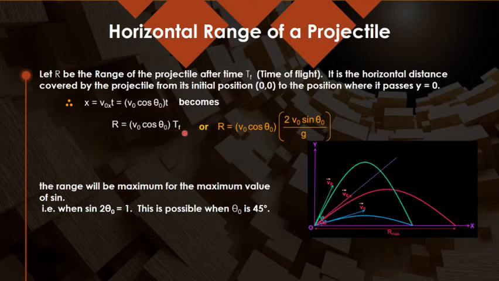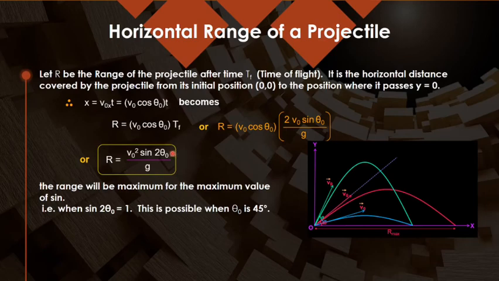Because we have calculated the total time of flight, you can put the value in this expression, and you get R equals v naught cos theta naught into 2 v naught sin theta naught divided by g. And you all know that 2 sin theta cos theta equals sin 2 theta. So you can write this result as R equals v naught square sin 2 theta naught divided by g. This is the final result for the horizontal range.